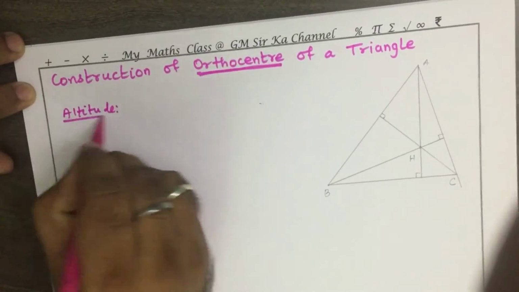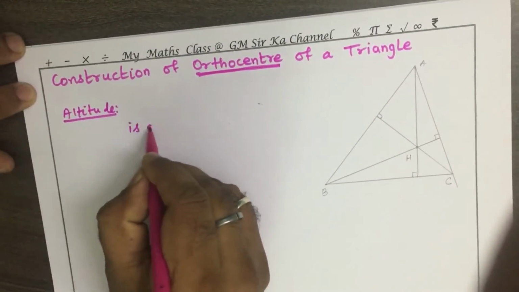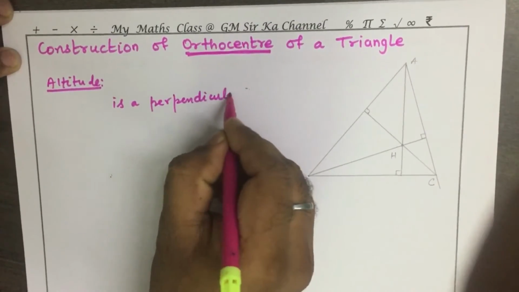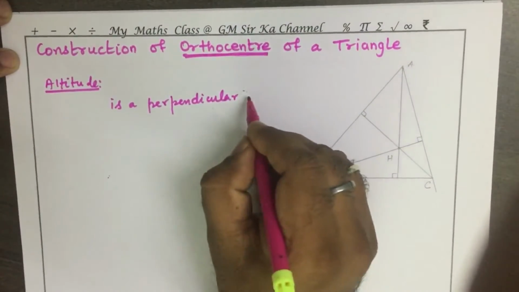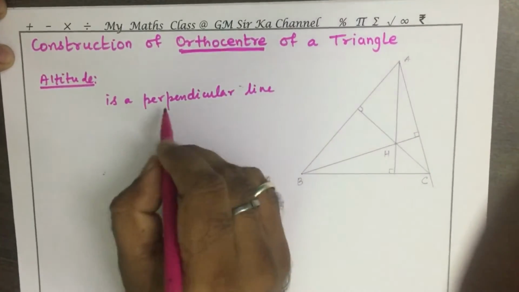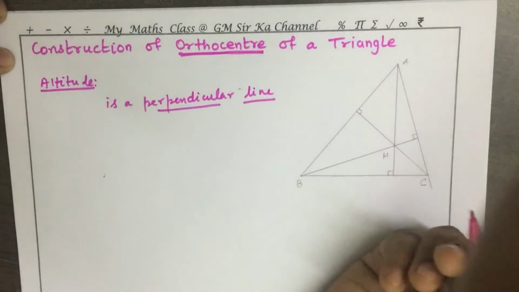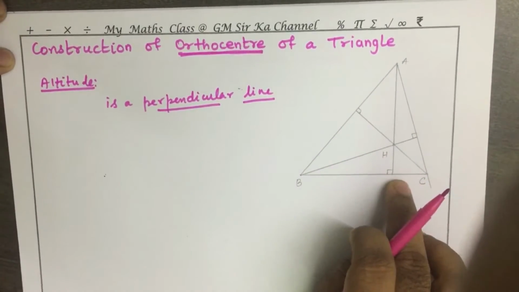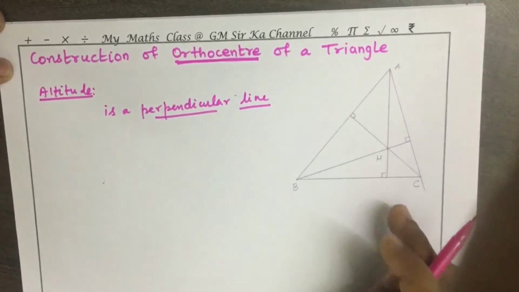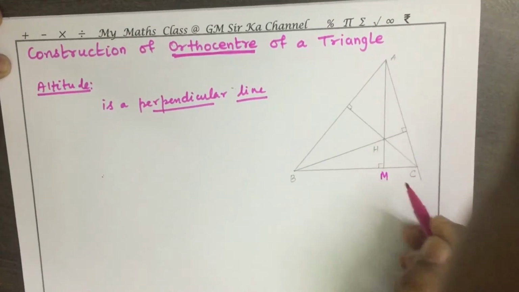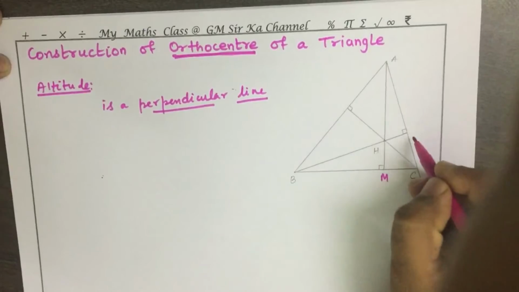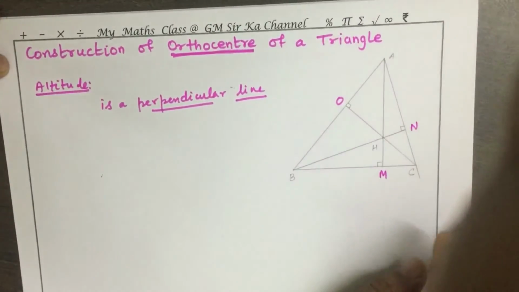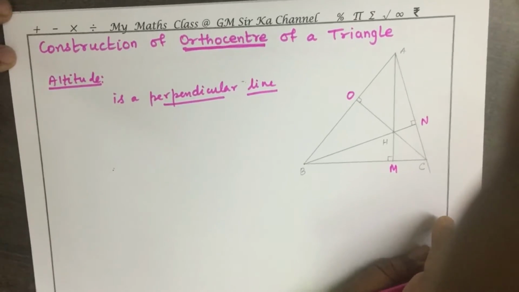Altitude is a perpendicular line, perpendicular line means the line which makes an angle of 90 degrees with the base. So it is the perpendicular line. You can see AM is one of the perpendicular lines, and BN is another perpendicular line, and CO is another perpendicular line. So all these are altitudes.